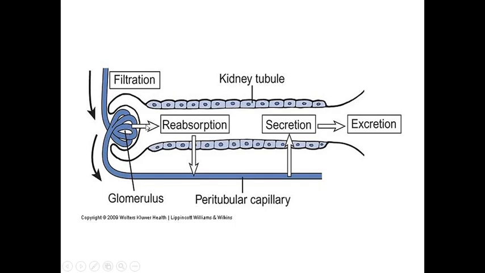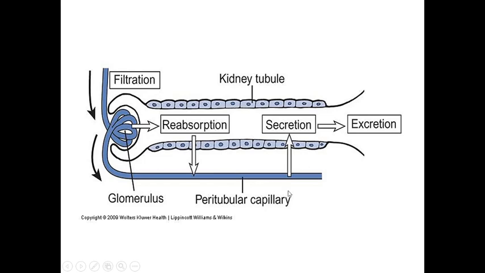Once the filtrate is formed and it enters into the renal tubules, while the filtrate moves along the renal tubules, certain substances like glucose, water, and electrolytes are reabsorbed into the blood vessels surrounding the renal tubules. So this process is called reabsorption.